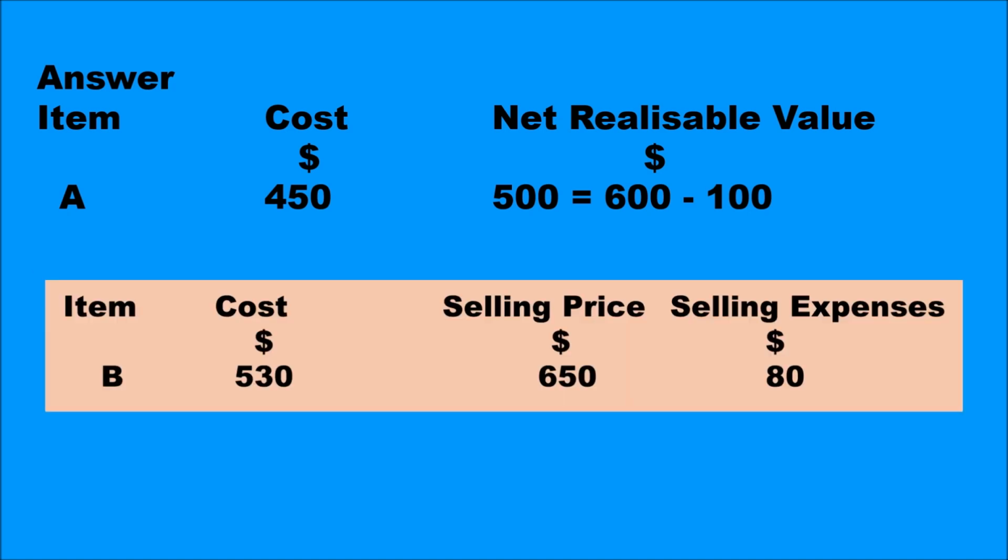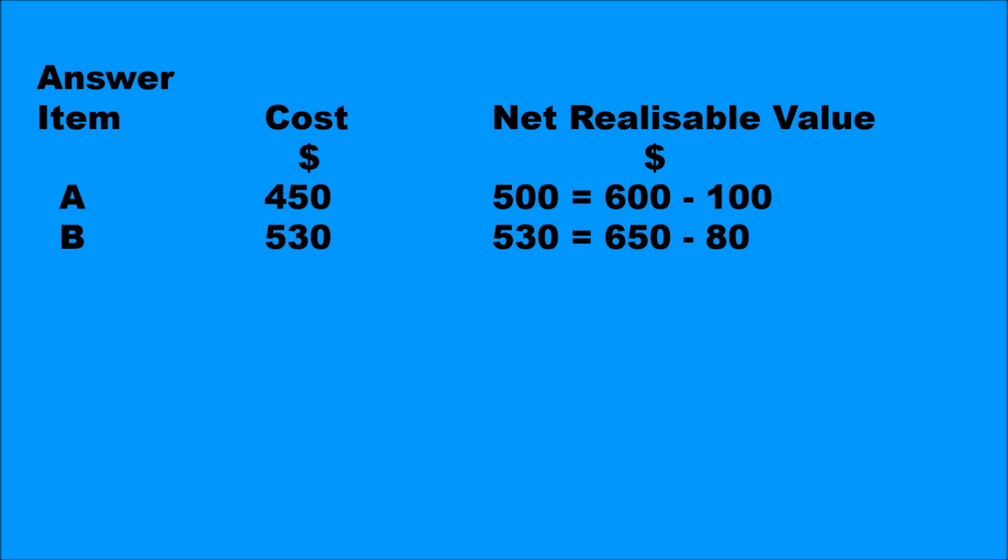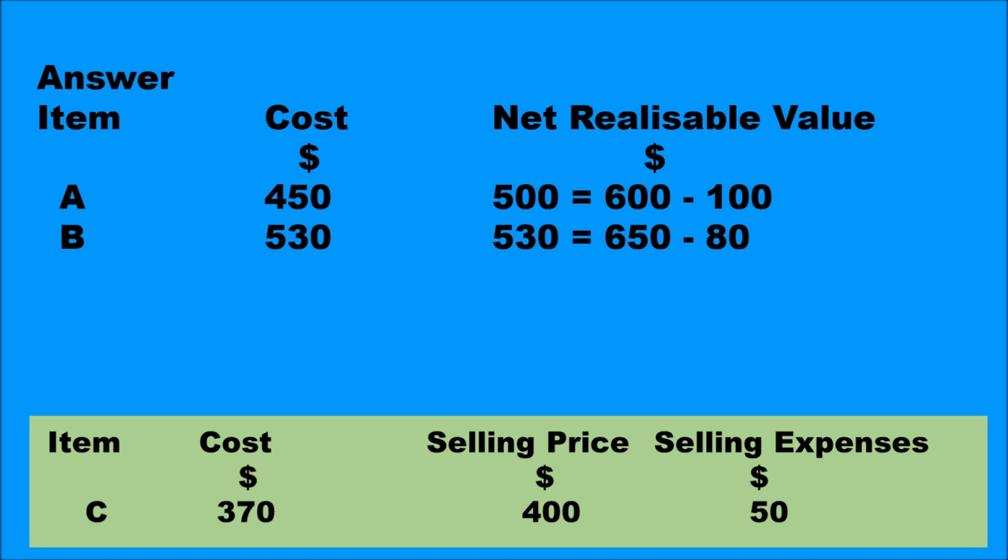For B, the cost is $530, selling price $650 and selling expenses $80, hence giving a net realizable value of $530. Which figure to take? Any one, because they are both the same. For item C, the cost is $370, selling price $400, selling expenses $50, giving a net realizable value of $350.